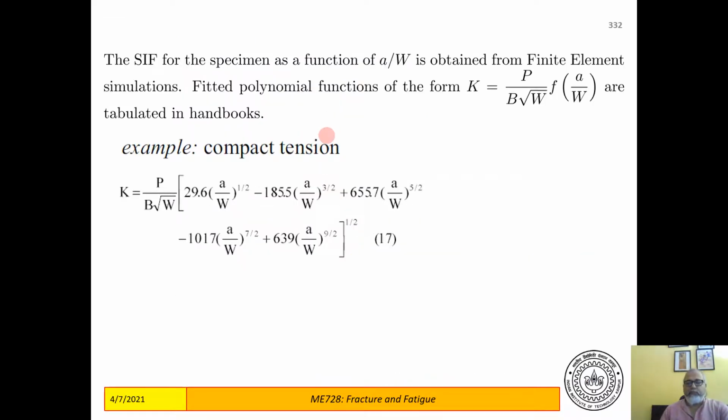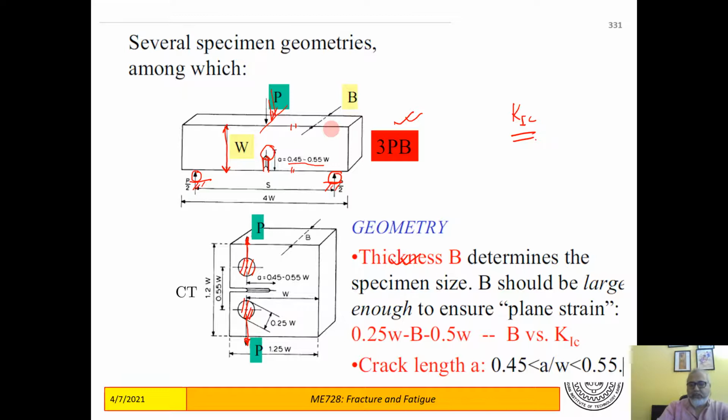So the pre-cracking procedure is that, if you're doing it for the 3-point bend specimen, you apply an oscillating load which is much lower than what you are finally going to subject the sample to. So you apply a small oscillating load for many cycles.